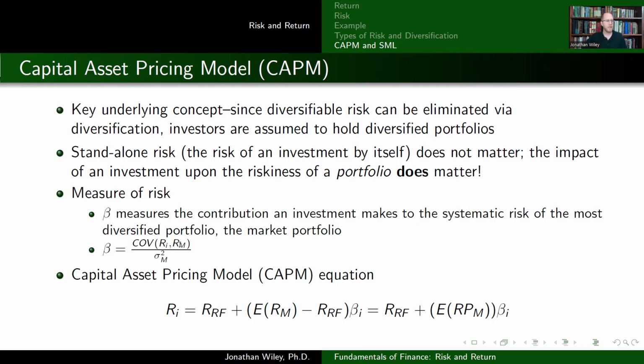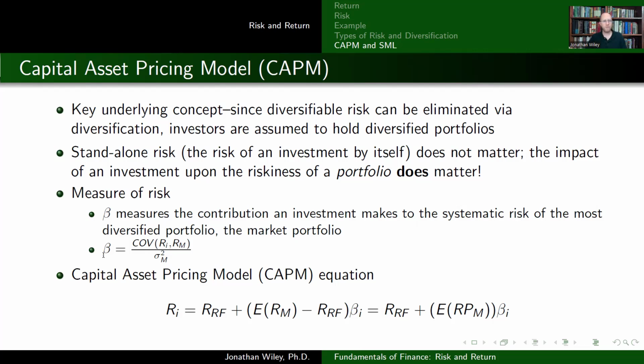So in this case, what I'm looking at is the covariance between the returns of a particular investment and the returns on the market, or most diversified portfolio as a whole. I take that covariance and divide it by the market's variance, and that's beta. So beta is capturing what impact this individual investment has upon the risk of my entire portfolio.